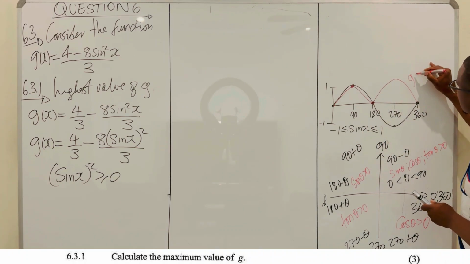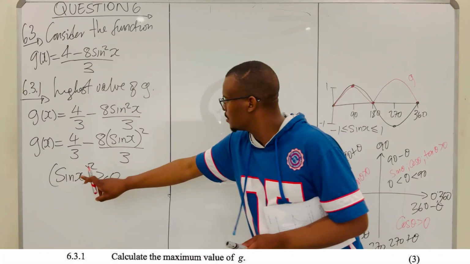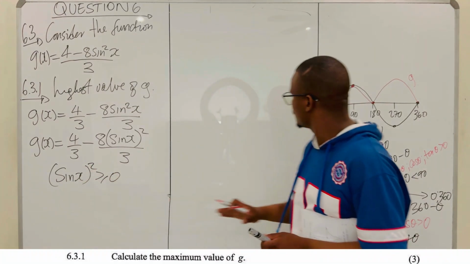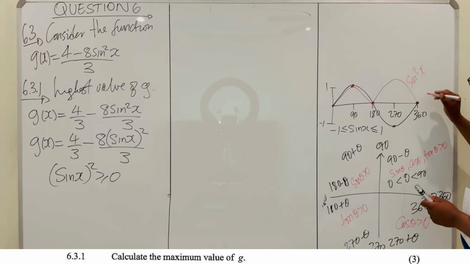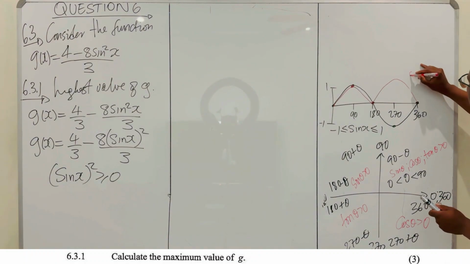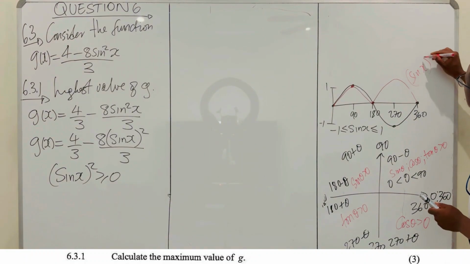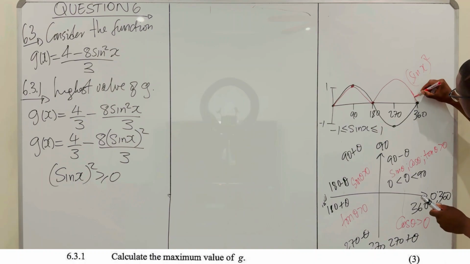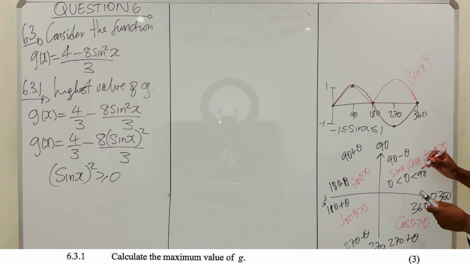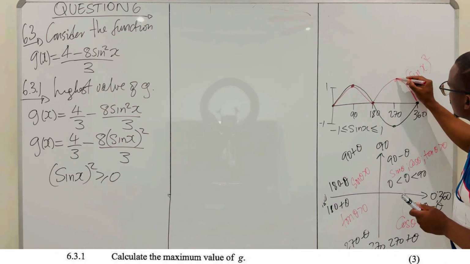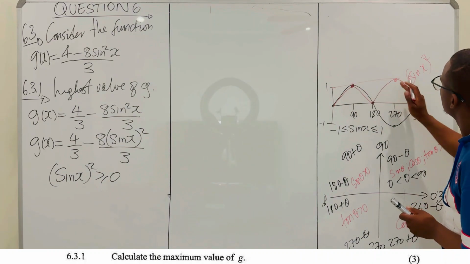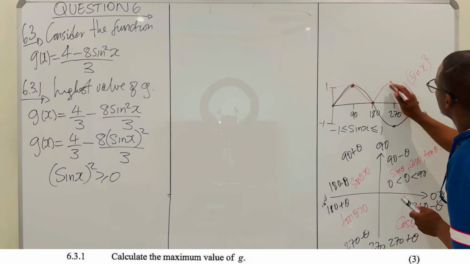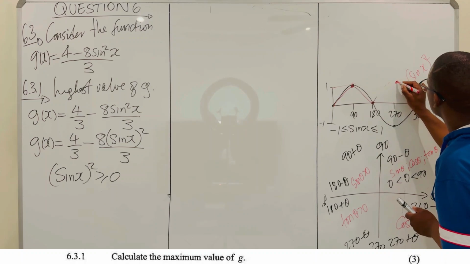Sorry, not g. That function, sine squared x, I think your sine x all squared will look like this. Here. So this is 1, of course. Or maybe it's too high, so let me make it 1 somewhere.